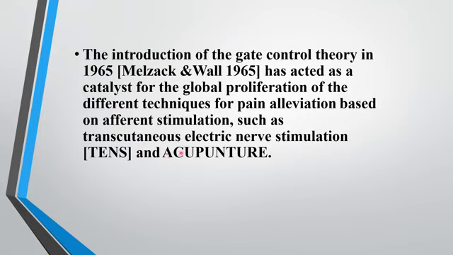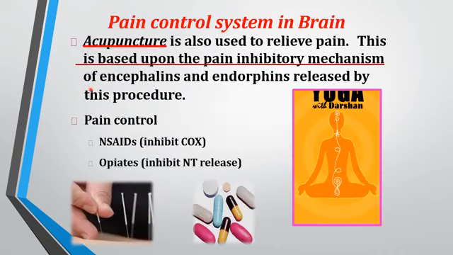What these procedures do is stimulate the afferent pathways, that is, the touch sensation carrying pathway and other pressure sensation carrying pathway, so that the pain will be decreased. Acupuncture is based upon the pain inhibitory mechanism of enkephalins and endorphins released by this procedure. You all know that needle sensation. Around the pain area, the needles are punctured slightly so that the free nerve endings are activated because the pain is present.